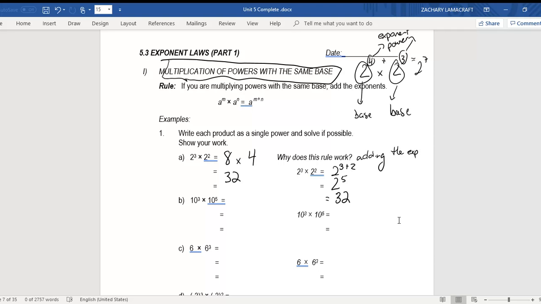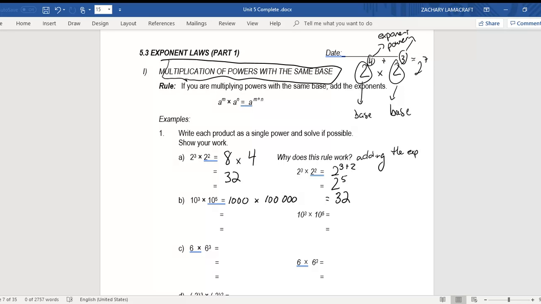So that would be the first one. Now in this case, you'd have 10 to the power of 3, which would be 1,000, times 10 to the power of 5, which would be 100,000.